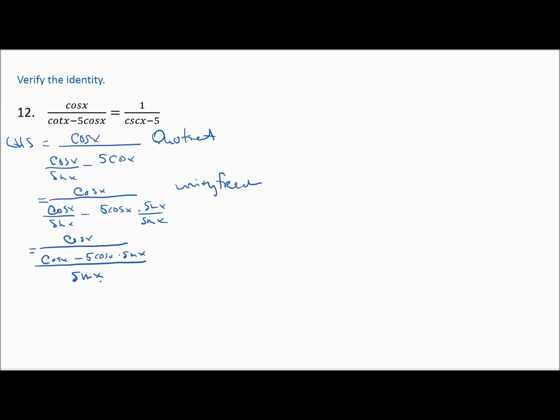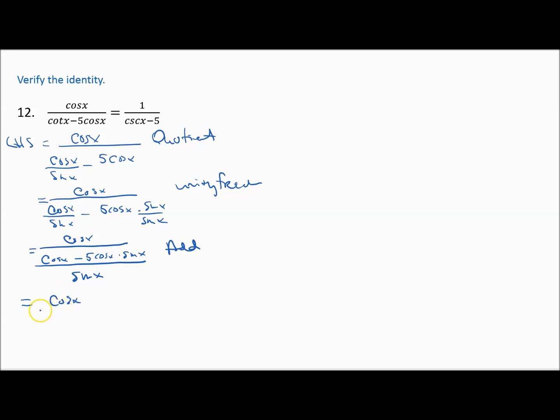This is a complex fraction. What I want to do is, I'm dividing by this big fraction in the denominator, so I'm going to invert and multiply. The explanation here, by the way, is I'm just combining, adding or subtracting fractions, I had a common denominator, combined it together. Now I'm going to invert and multiply. So this cosine of x stays on top.